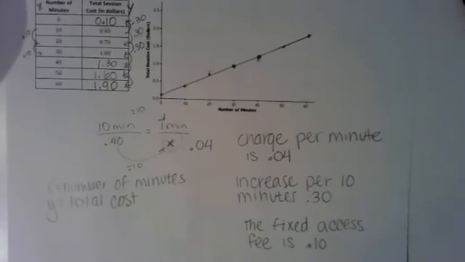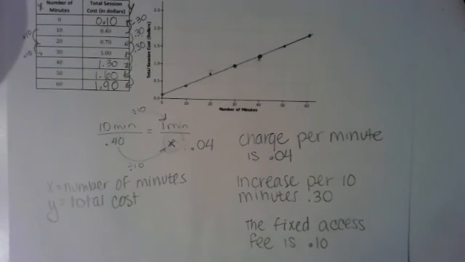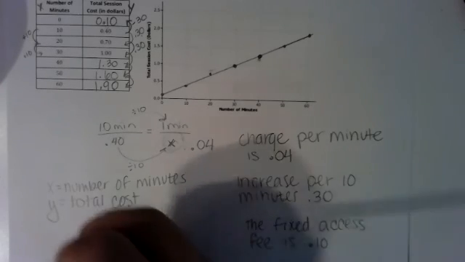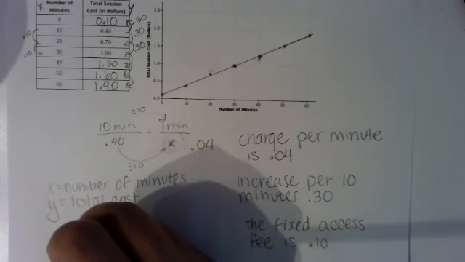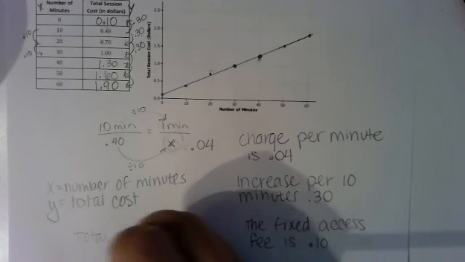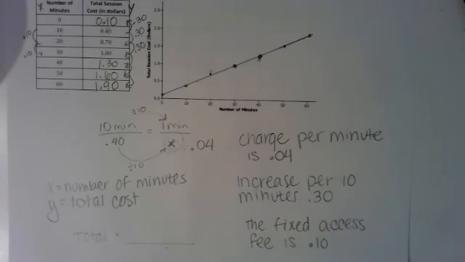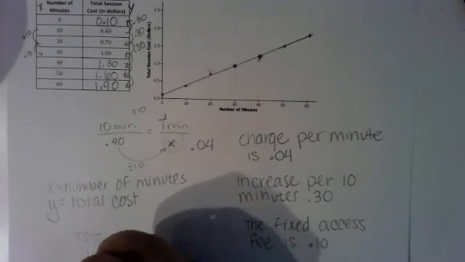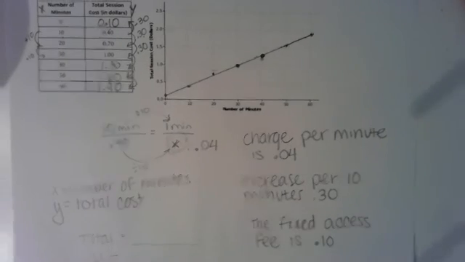Okay. So Y represents my total. Normally when we write out an equation, we have something like total equals something, right? The rest of the equation. So if my total is Y, I would have Y equals.